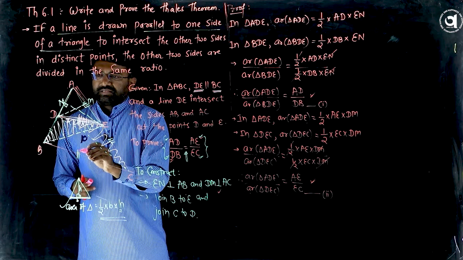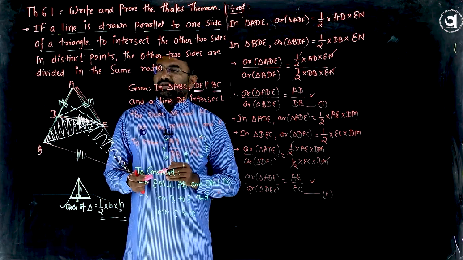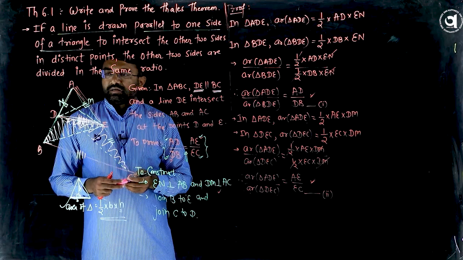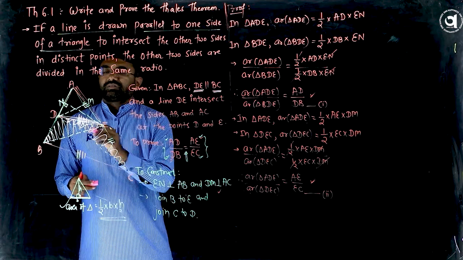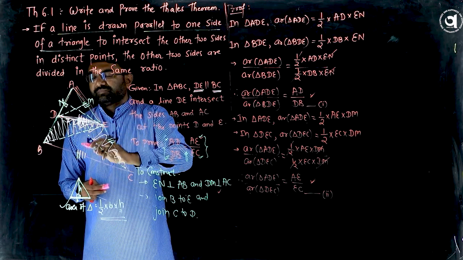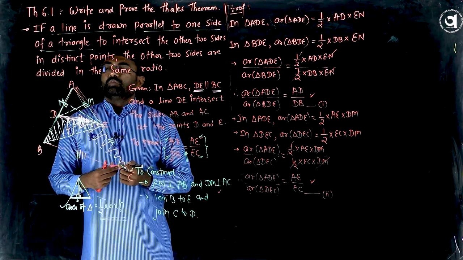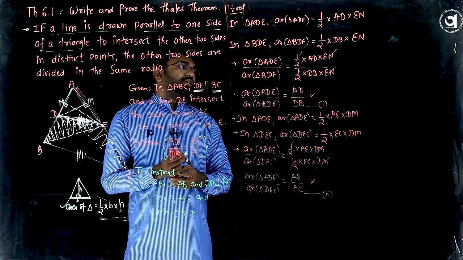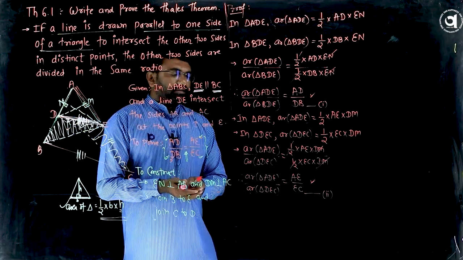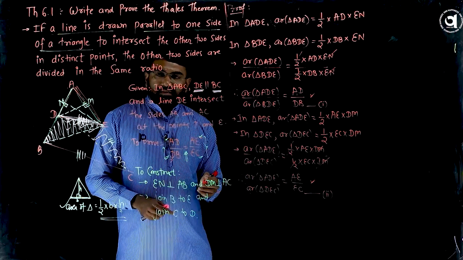In standard 9, chapter 9, there is one theorem: if two triangles lie on the same base and between the same parallels, then their areas are equal. That theorem we use here to show the denominators are equal.